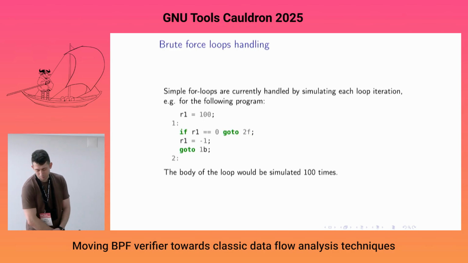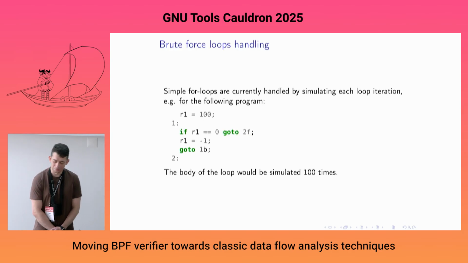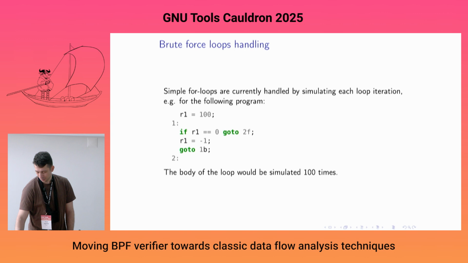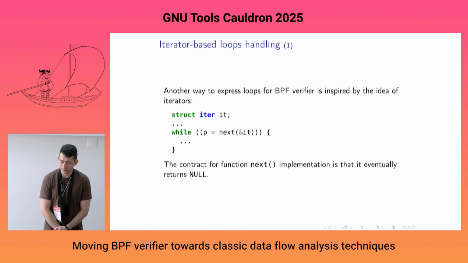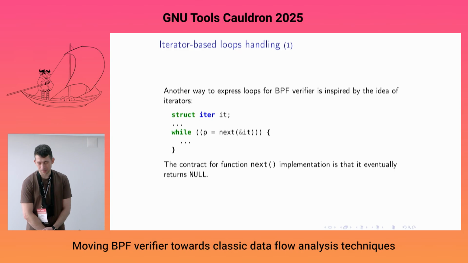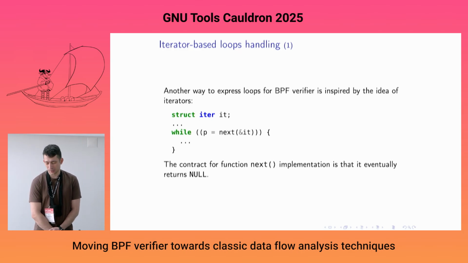Now, about loops. The simplest form of loop verification is just brute force. So this loop will be verified 100 times, which, well, works for small loops. The next form of representing loops is named iterator-based. We have a concept of an iterator, and the most important function for it is next.